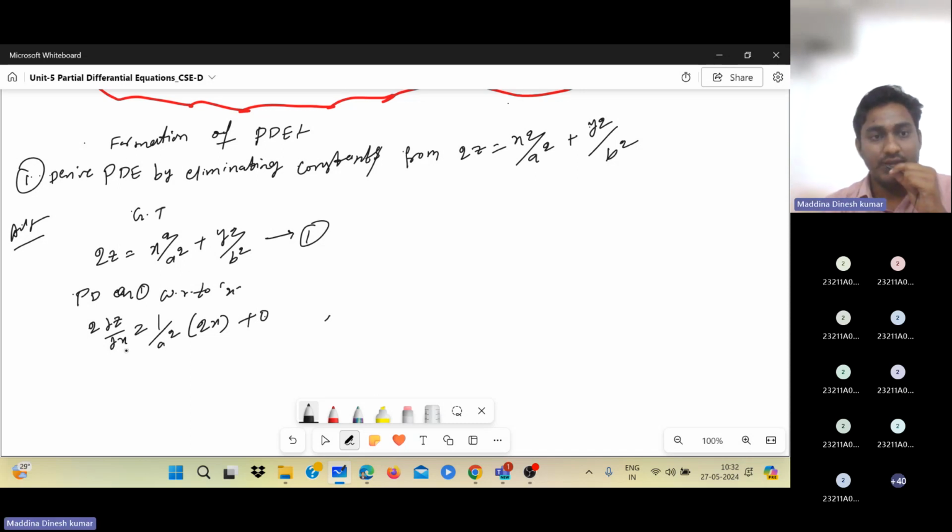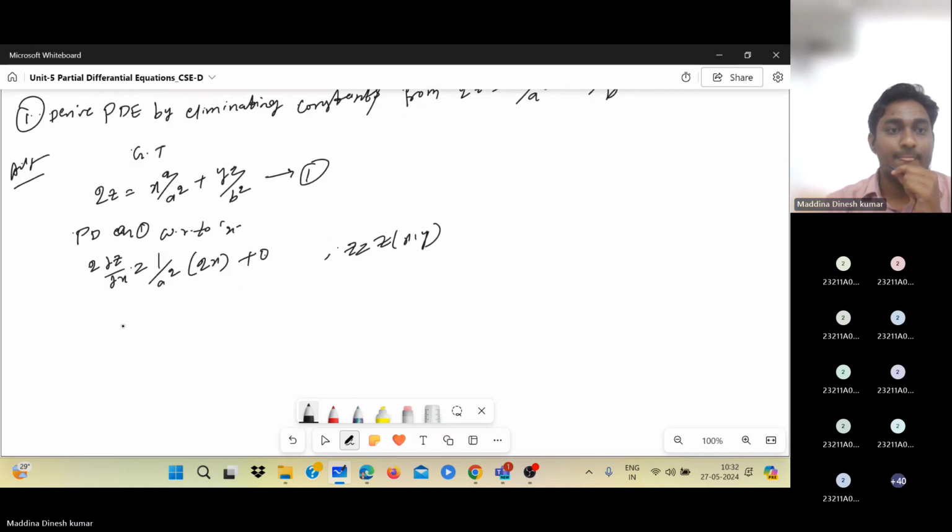We know very well that whenever we take the partial derivative with respect to x, except x, all remaining we need to consider as constants. You may ask why we consider z as a variable: because z is a function of x comma y. So that's why you need to consider it as a variable. Here too, we know very well that in place of dou z by dou x, you can write p.